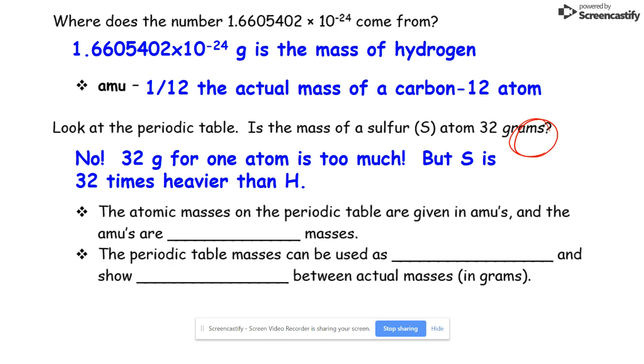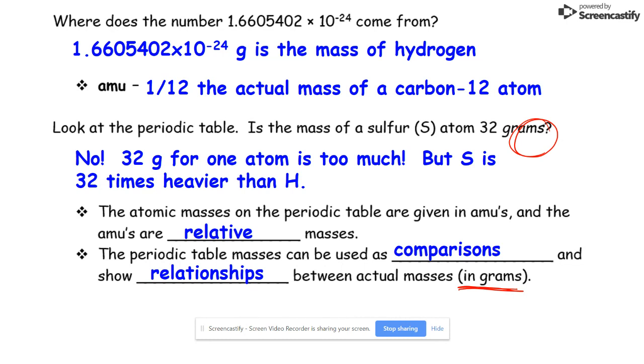And so what that means is that all of the atomic masses on the periodic table, which are given in AMUs, are relative masses, which means that the periodic table masses can be used as comparisons, and these show the relationships between the actual masses, which means that these show the relationships in grams. And so the key here is that the periodic table is showing AMUs, but we can use AMUs to determine the relationships between different masses.